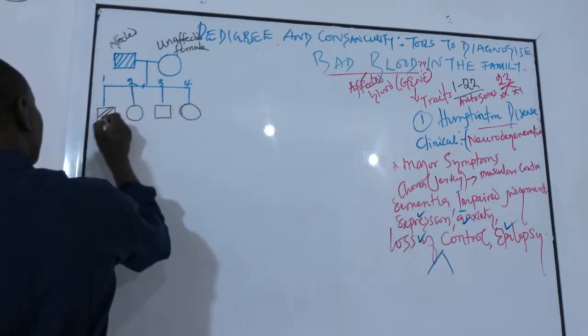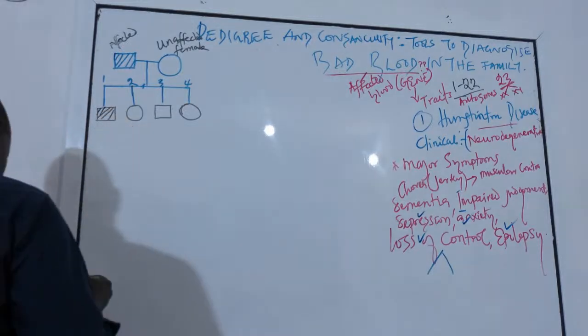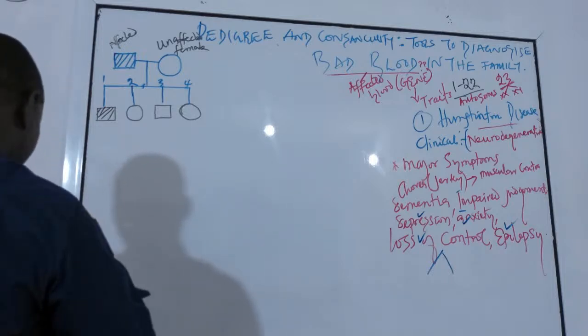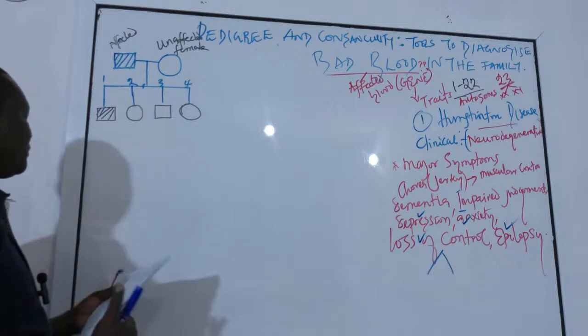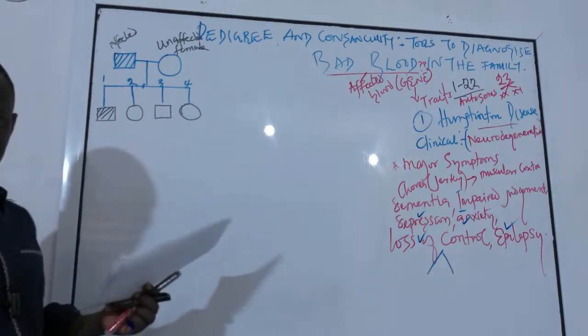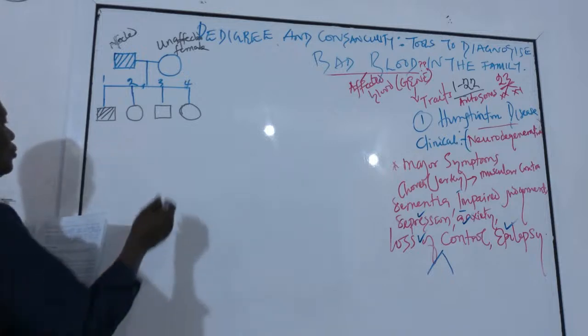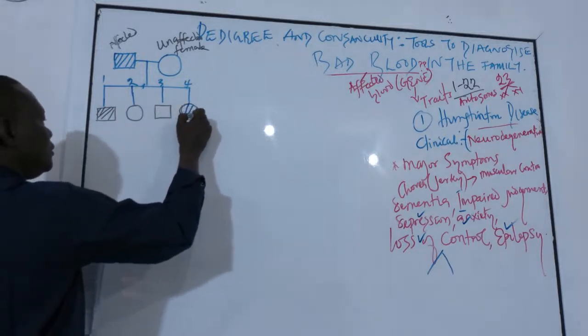Remember, this is not X-linked, so irrespective of whether the person is a male or female, he has a 50% chance of passing it to either the son or the daughter.